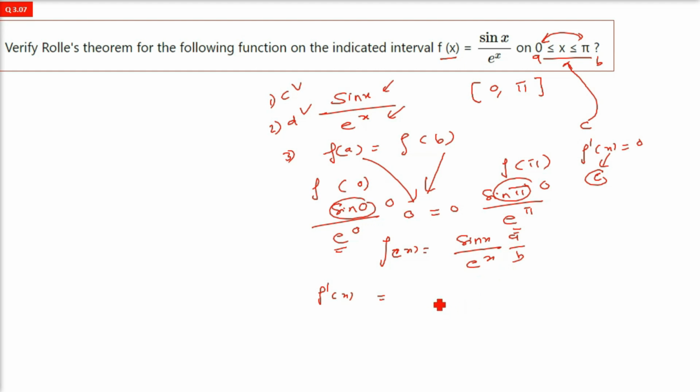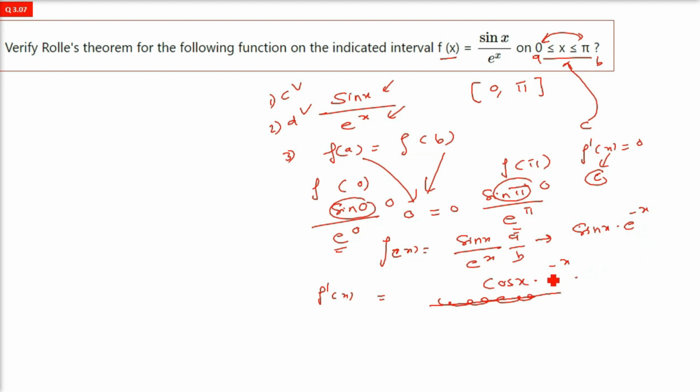Or you can use the product formula by taking e raised to x in the numerator. It will be e raised to negative x. So this will be sin x multiplied by e raised to minus x, and you can do it in any way you want. I'm differentiating it using the product rule. So the derivative of sin x is cos x, then e raised to minus x.